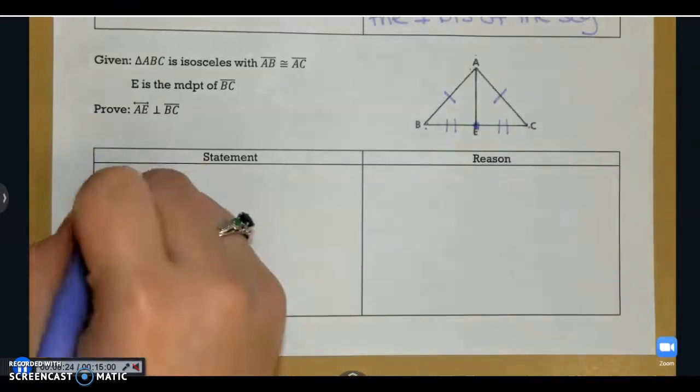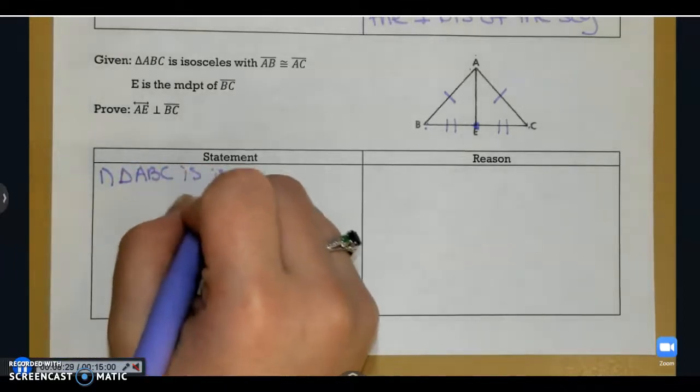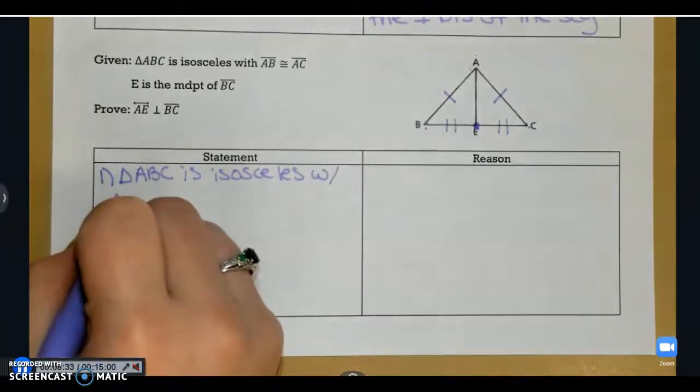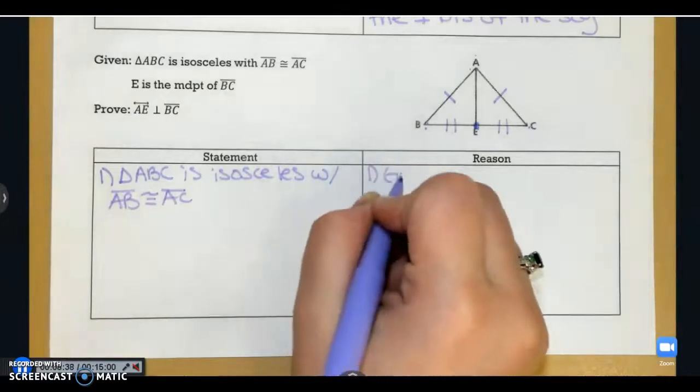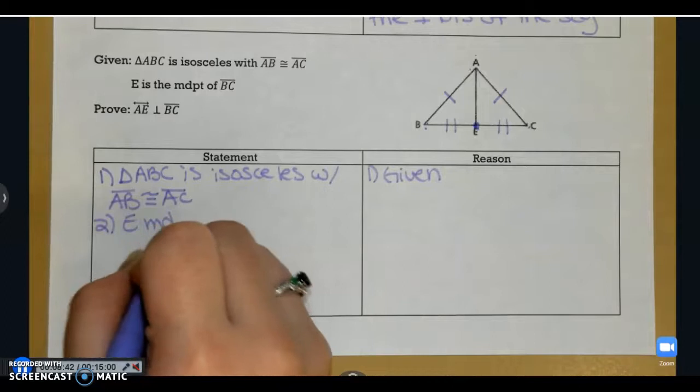So let's get this all down on paper. We're starting with our givens. So our isosceles triangle and our midpoint.